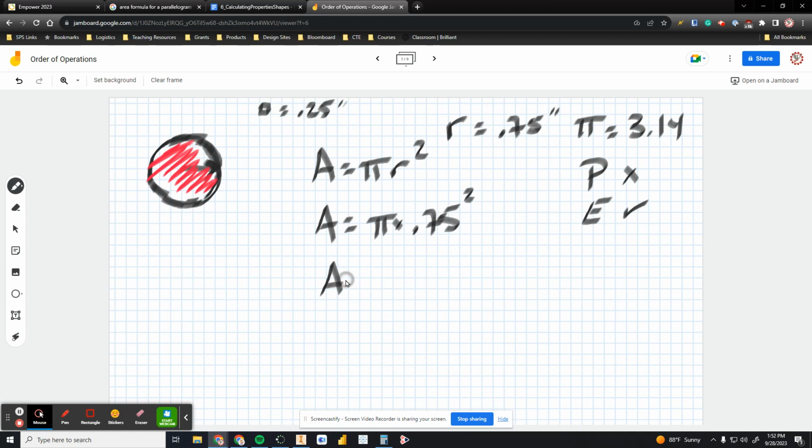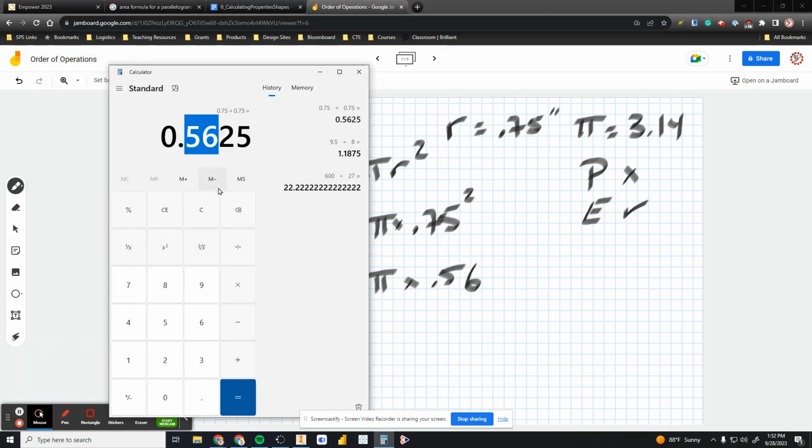So area is equal to pi times 0.56. Okay. Now we want to take our value, 0.56, and multiply it by 3.14. And we'll have 0.76 for our area.